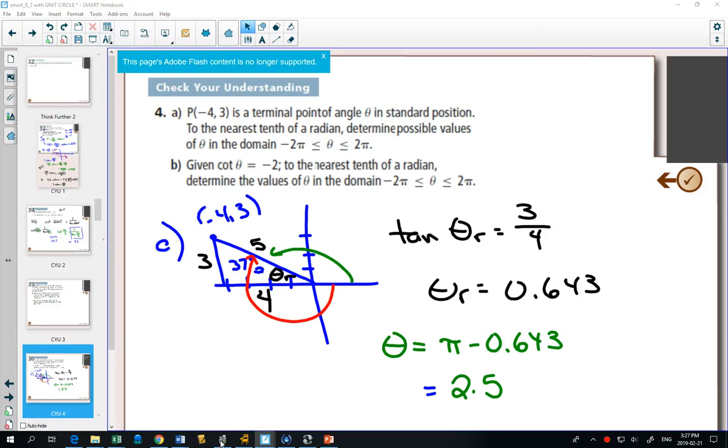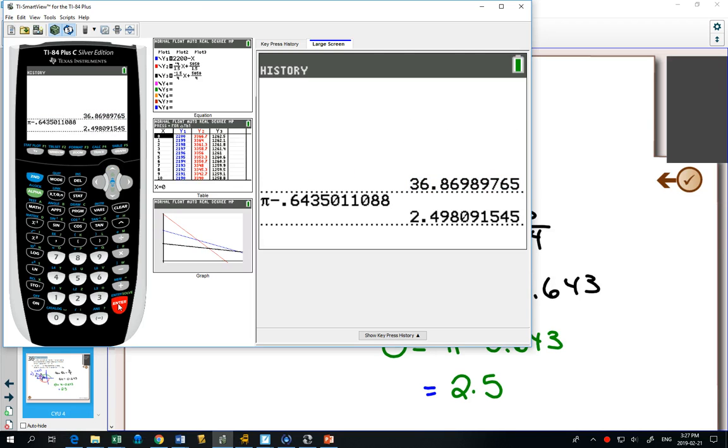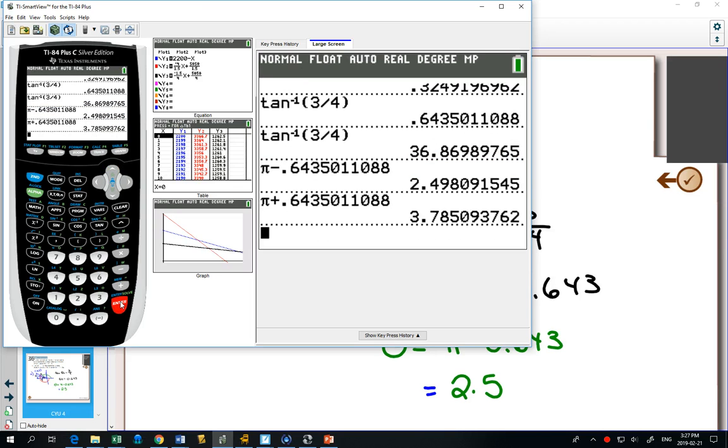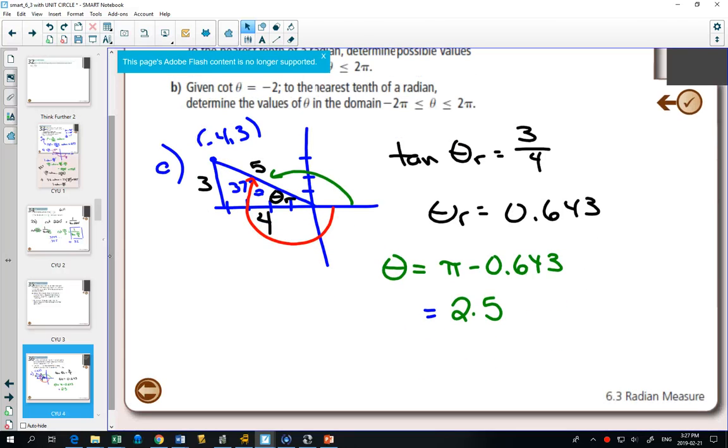So I go back to my calculator, π plus, and I should have stored this value so I didn't have to always go back and get it. 3.79 going in the negative direction, the red angle, negative 3.8 radians.